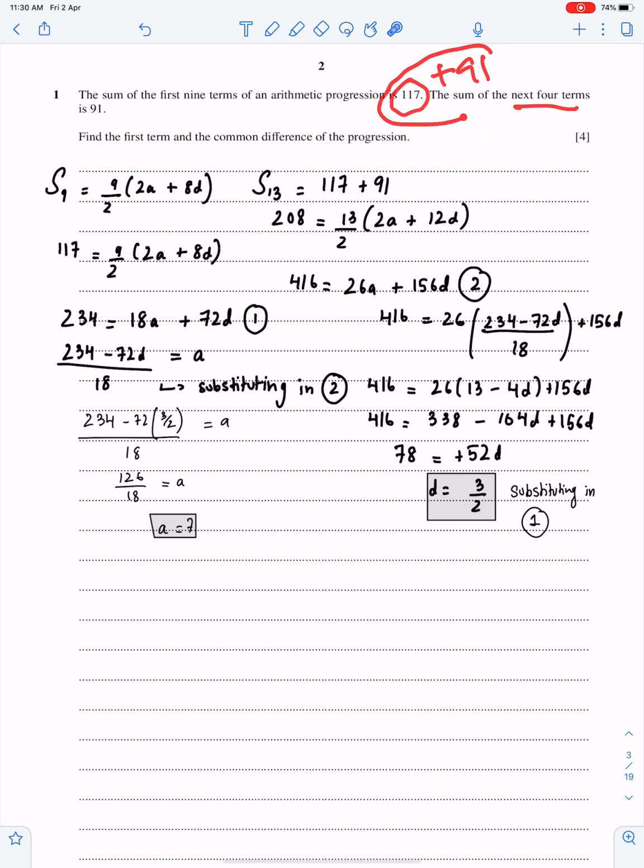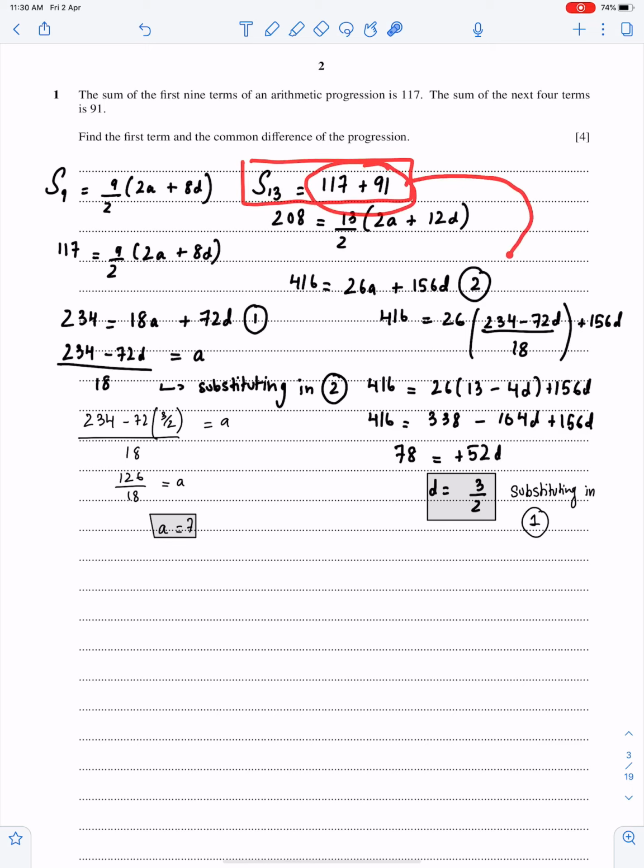So this will give you the sum of first 13 terms, because 9 plus 4 makes 13. Therefore S13 is 117 plus 91. Now with the help of this information you can form equation number 2, and by solving these two equations you can get the values of A and D.